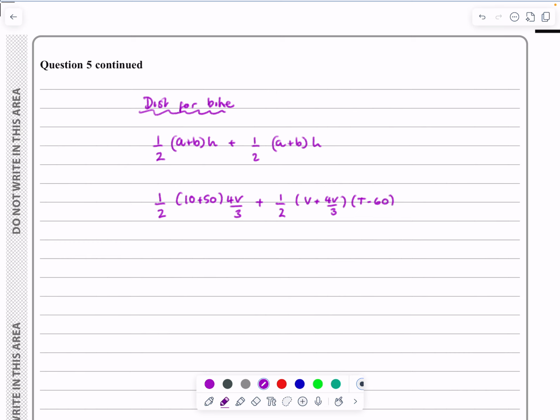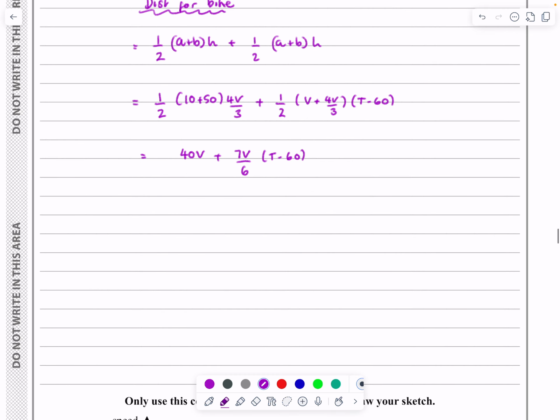And I've just got to tidy all that up. And as I say, I've already taken quite a bit of time over this, so you guys can just work this out. What have we got? I've got 40v there when it all tidies up, and I've got 7v over 6 t minus 60 here. And then if I tidy that up a little bit more, that's going to give me 7v over 60 t minus 30v.